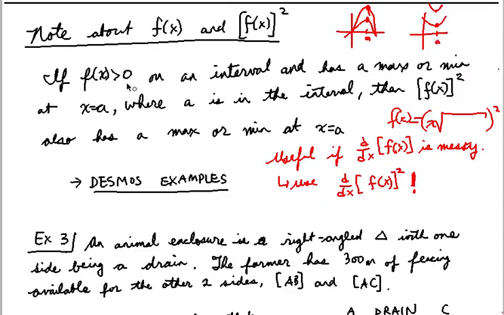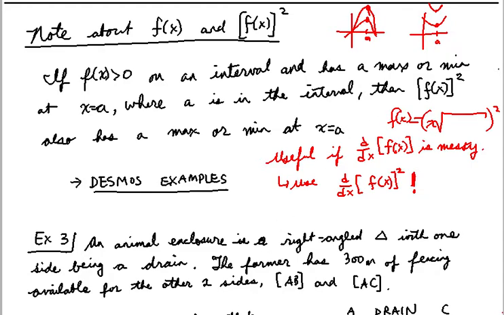So if f of x is positive on an interval, and inside that interval you have a maximum or minimum at x equals a, then the square of that function will also have a maximum or minimum at x equals a.